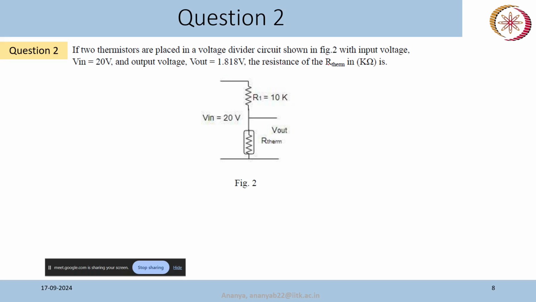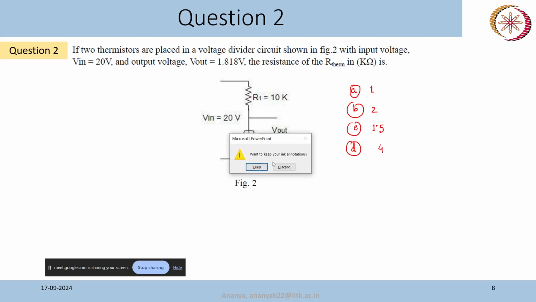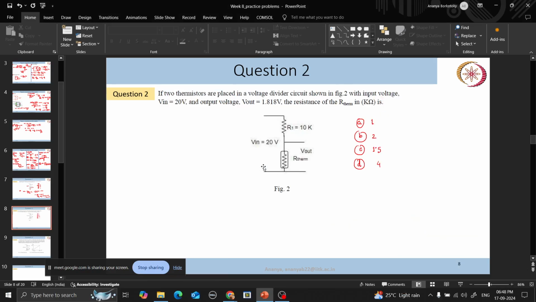The resistance of the thermistor, that is this resistance, in kilo ohm is, so there are a few options. A is 1, B is 2, C is 1.5, D is 4. So what is the answer? Give me the answer in the chat box.